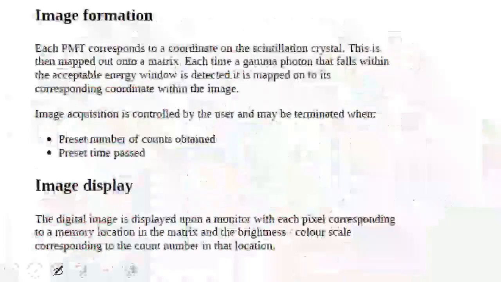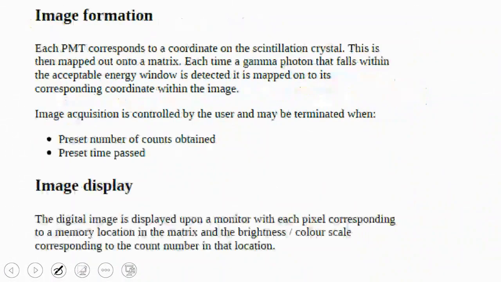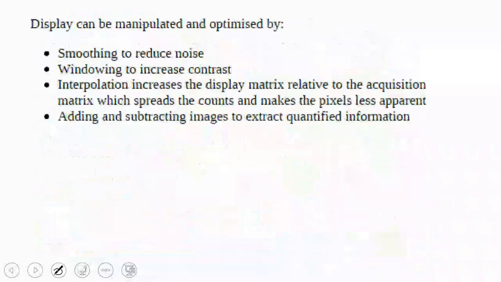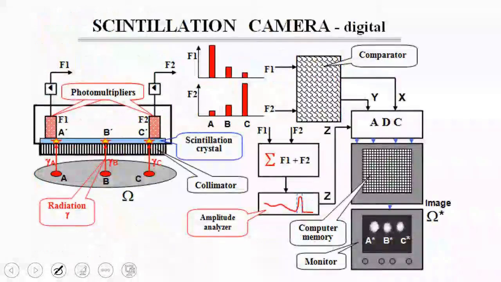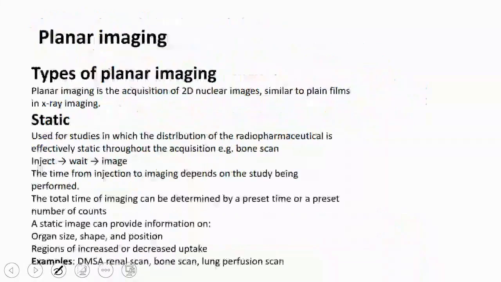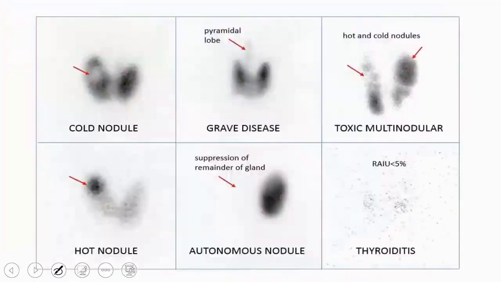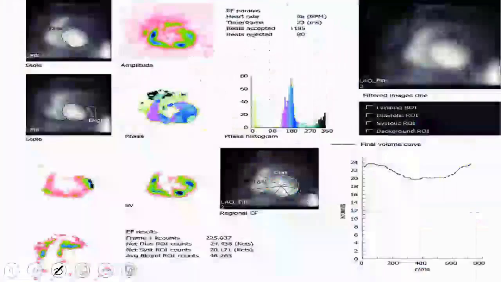I stand here at this very moment, and hopefully, God willing, next time we will talk about image formation and the image display. And types of imaging are planar imaging, dynamic and gated imaging, God willing.